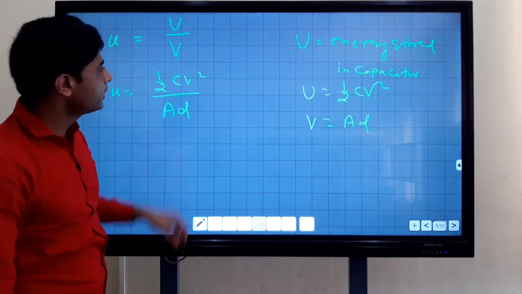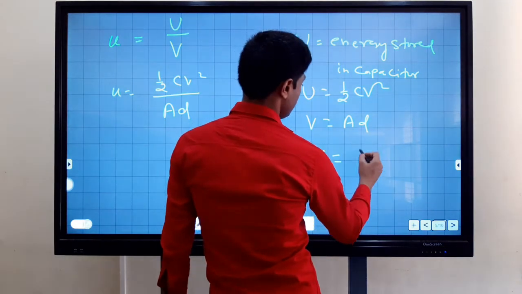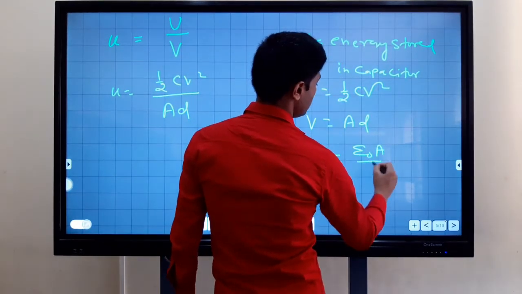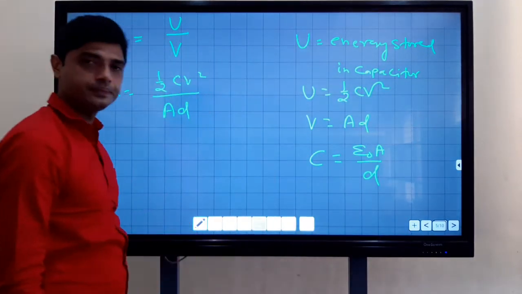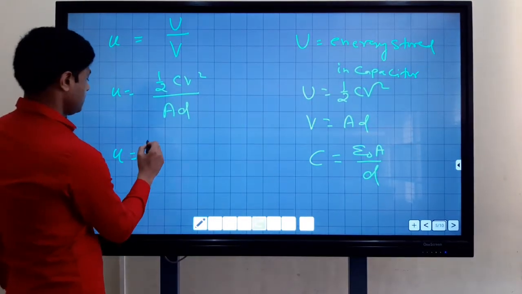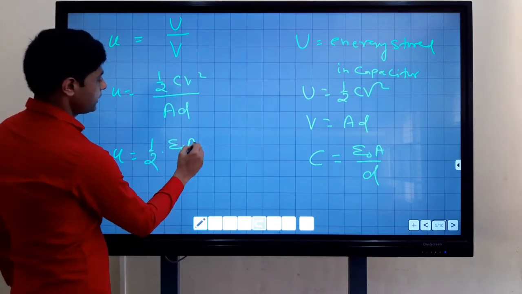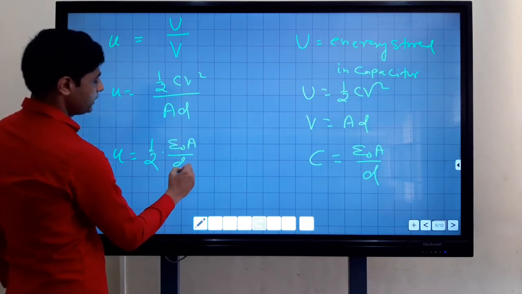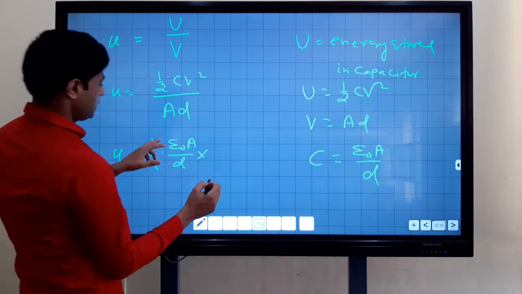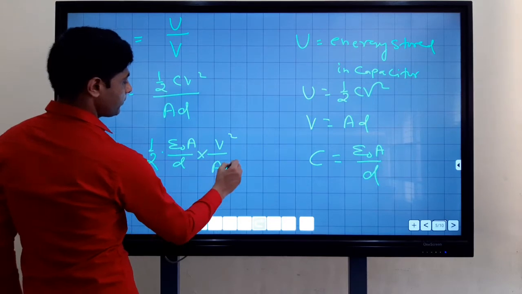Or as you know, the capacitance of a parallel plate capacitor C is equal to epsilon naught A upon D. So u equals 1 upon 2 epsilon naught A upon D, V square upon AD.